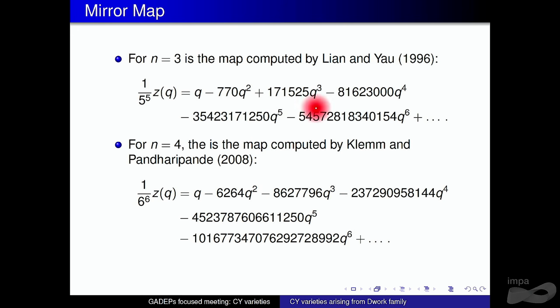They are exactly the same mirror maps that Lian and Yau found. And in the case of n equals 4, it is also the one computed by Klemm, Pflaum and Pandharipande in 2008. So we can write the mirror maps in terms of Calabi-Yau modular forms.